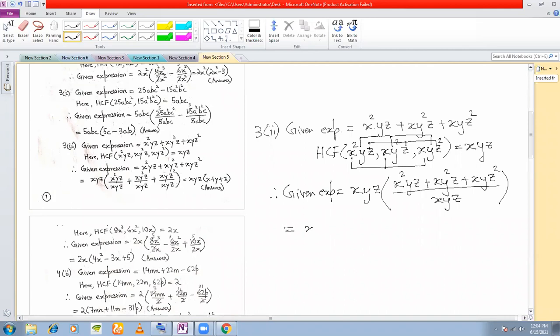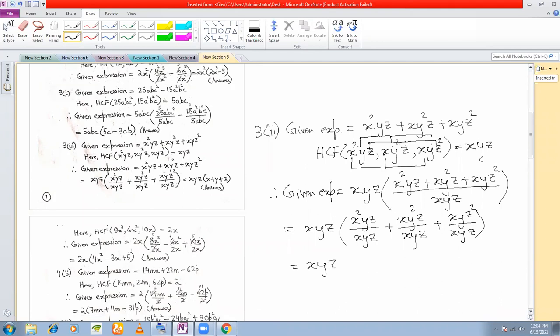Now you separate. That is just the way you divide a polynomial by a monomial. x square yz by xyz plus xy square z by xyz plus xyz square by xyz. So this is xyz, and here if you see y and y will cancel, z and z will cancel. You simply have x to the power of 2 minus 1 left.